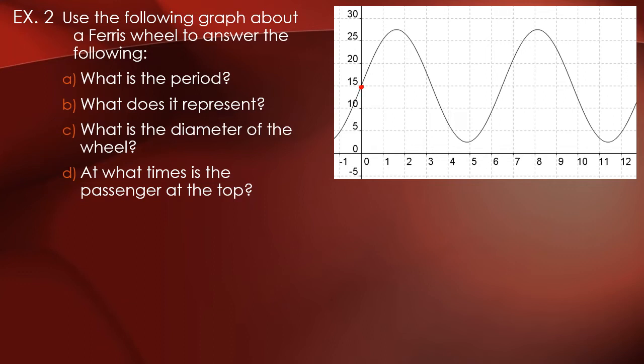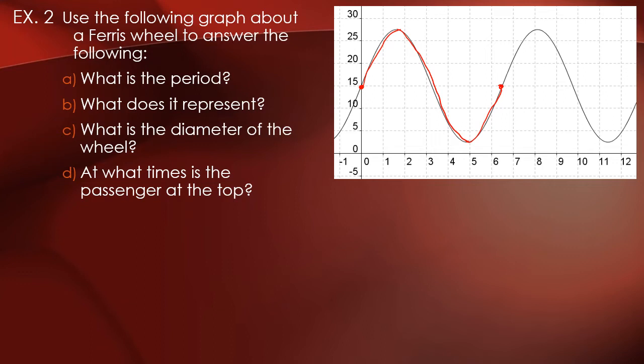At 0 seconds, you start at 15 meters, let's say. Ferris wheel operator starts it. You go up, reach the maximum, start your way down, reach the minimum or the trough, come back up, and there you go. You're back to where you started, and the pattern repeats again.